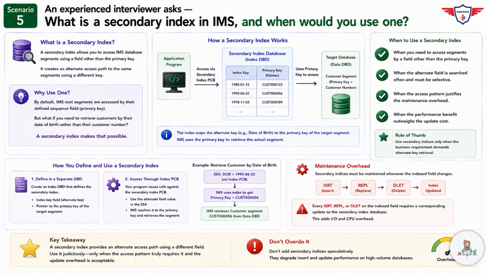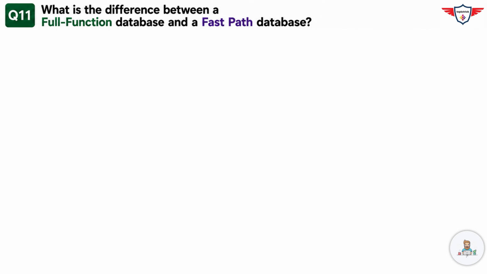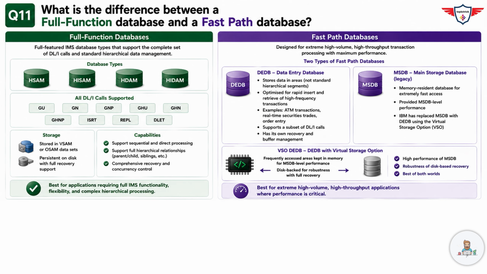But secondary indexes are not free. They come with a cost. Every insert, update or delete may also require IMS to update the index. So the rule is simple. Use a secondary index only when the application genuinely needs it, because secondary indexes add overhead and can reduce performance in high volume systems.